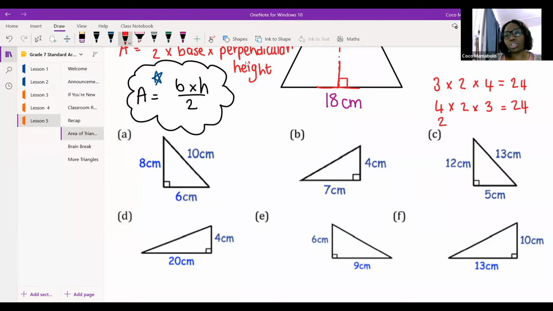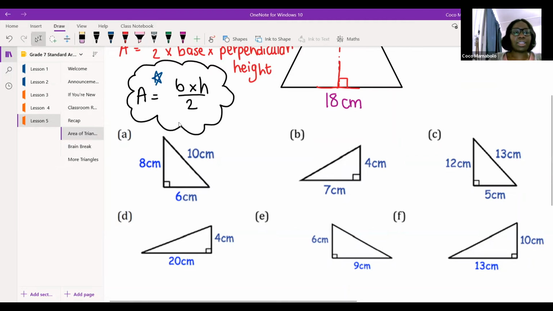And if I asked you, what's 2 times 3 times 4, that'll still give me 24. So the order that I multiply in does not matter. The answer will always be the same, because multiplication, backwards and forwards, is all the same. It's the addition and subtraction that gets a little funky.